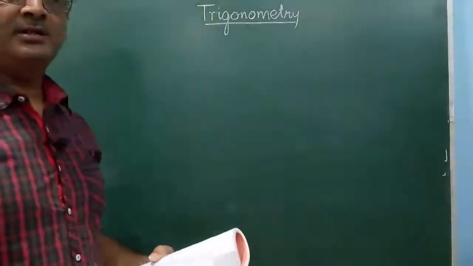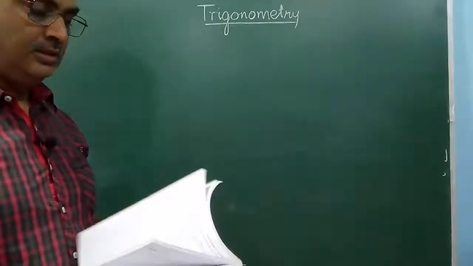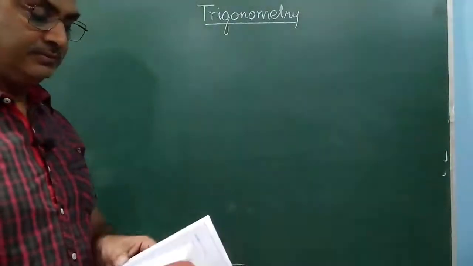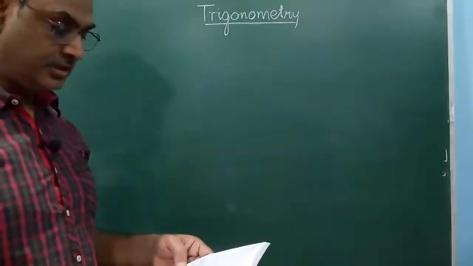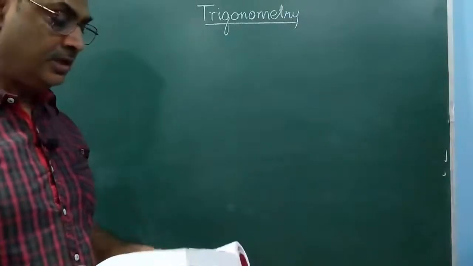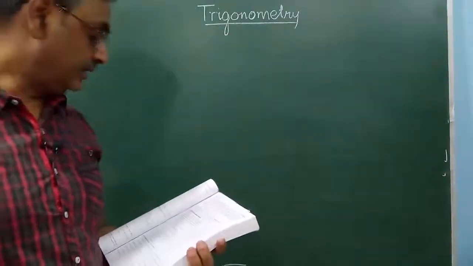Today we will be starting a new chapter because, as per the reduced syllabus, that portion is not there. The real valued function is not there in your course. So here in trigonometry, we will be starting with the topic signs of trigonometric functions.